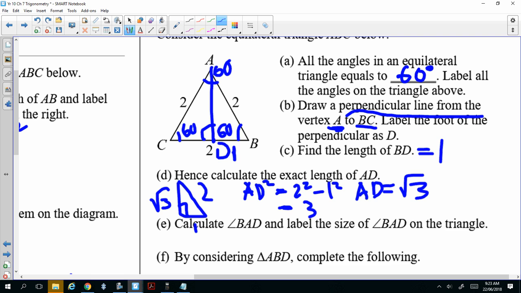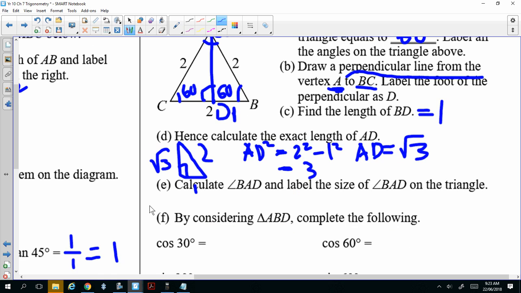Now we have this triangle. Actually, I'll draw it again over here so it's bigger. We've got 2, root 3, 1, and then you've got the 60 and the 30, like that. We're going to use this triangle to help us work out the exact values.